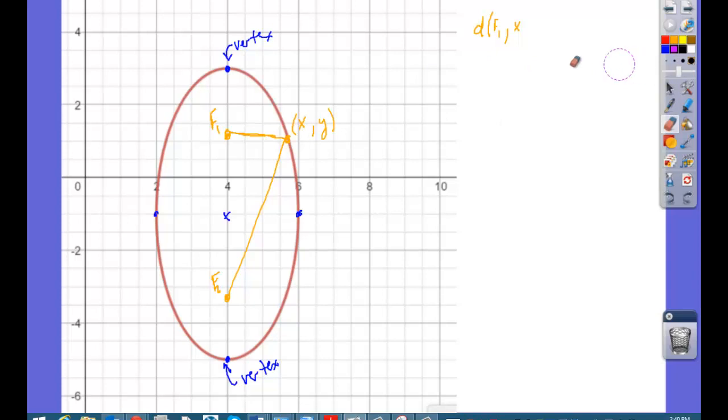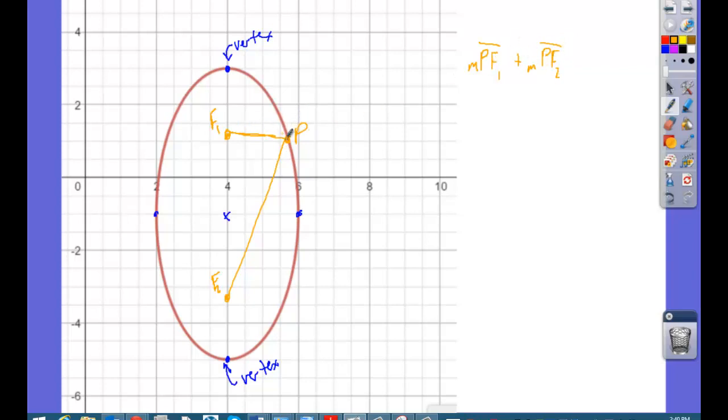Instead of x and y, let's call the point p, to use something more traditional. I'll represent the distance as the measure of line segment from p to F1 plus the measure of line segment from p to F2.